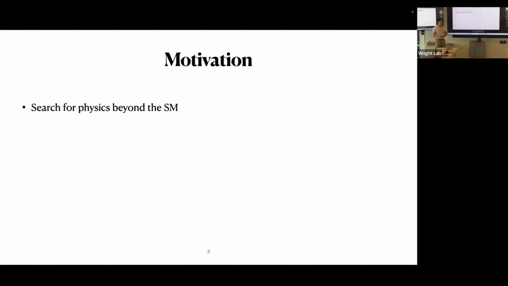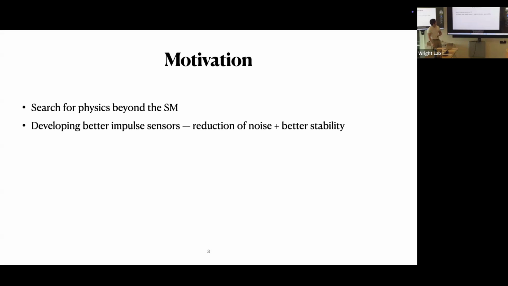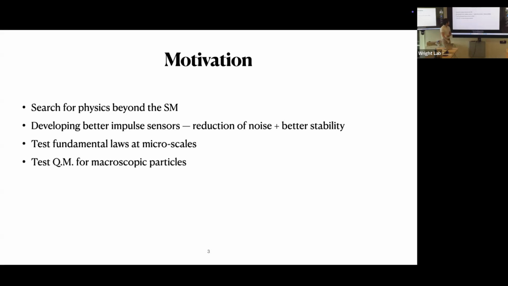If there's anything else out there, this experiment could help us find it. It also helps with developing better impulse sensors for motion, and with testing fundamental laws at microscales. If we can test laws such as Coulomb's law or Newton's gravitational law at very small scales, it could tell us more about how these laws work.